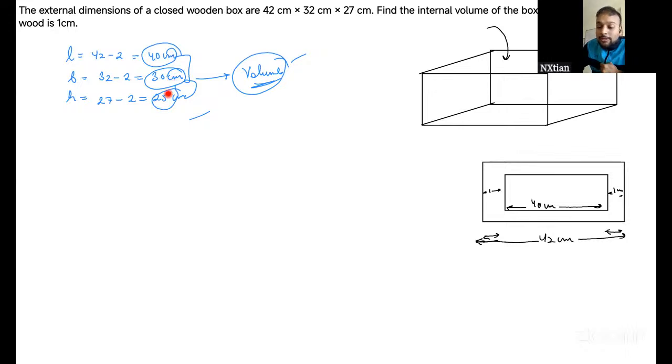What is the volume of cuboid, Sam? What is volume of cuboid? You can check it. Quickly tell me.